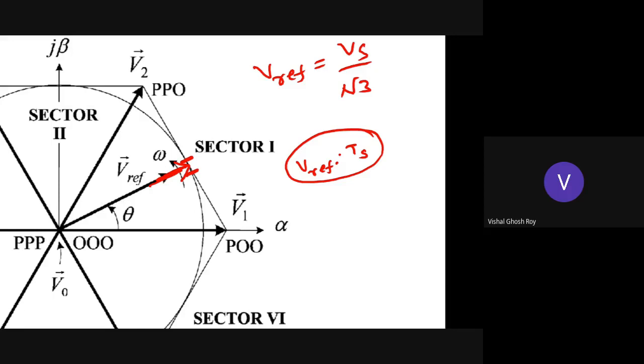We assume that V reference is constant during this Ts period, even though it changes minutely, because it has to touch this point and then the other point here. We need to obtain an output voltage, that is, a volt-second of V reference times Ts.